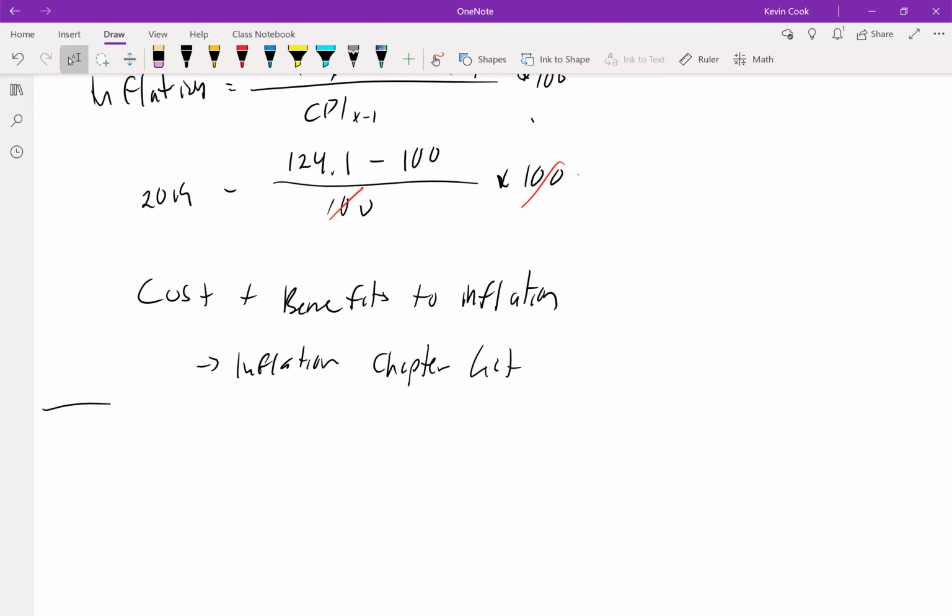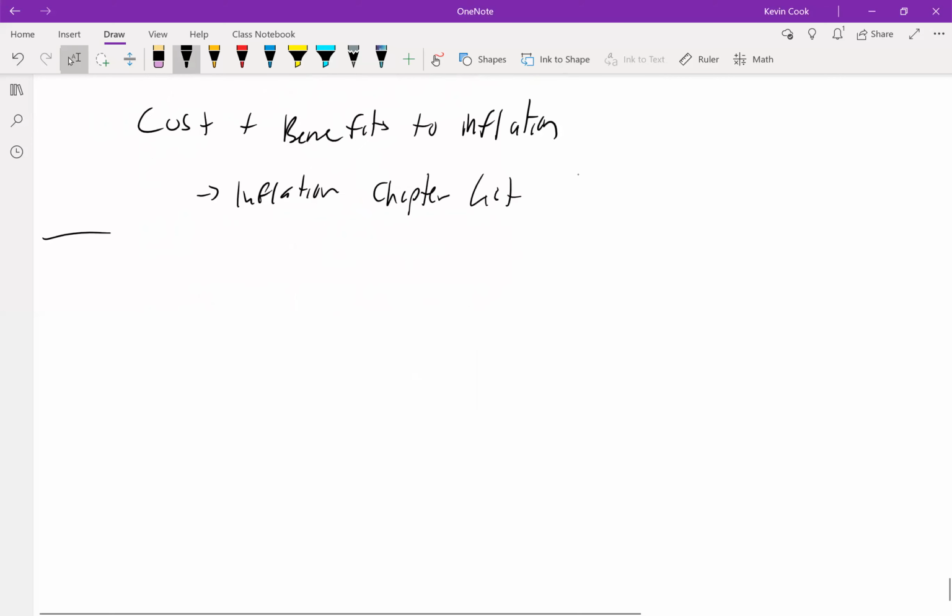It's fairly straightforward for what we have on the third exam as well. The last little bit we had was the AD-AS model, where we looked at just aggregate demand and aggregate supply.